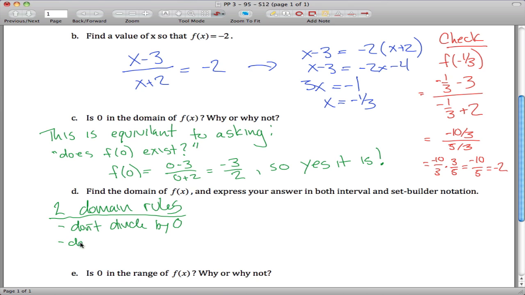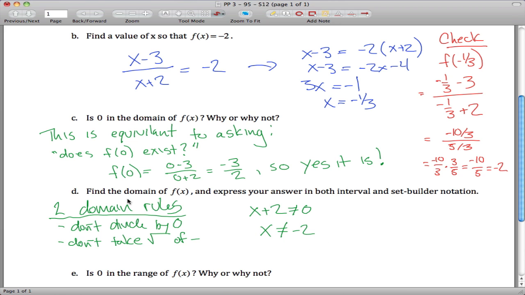And we don't take the square root, really any even root, of a negative number. What's nice is this function doesn't have any square roots, so all we have to worry about is dividing by 0. We just have to make sure x plus 2 does not equal 0. In other words, x is not equal to -2.